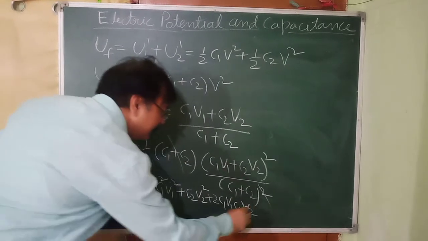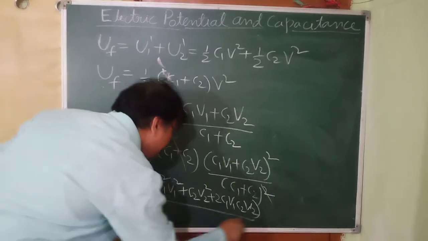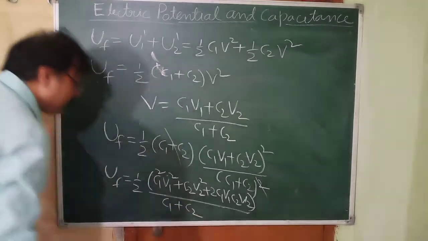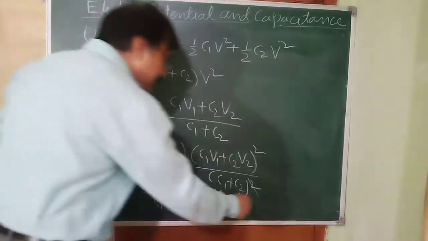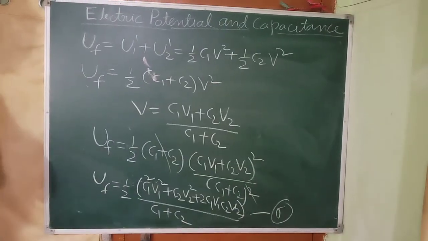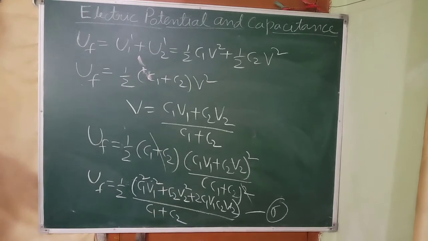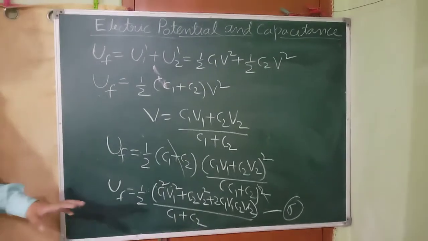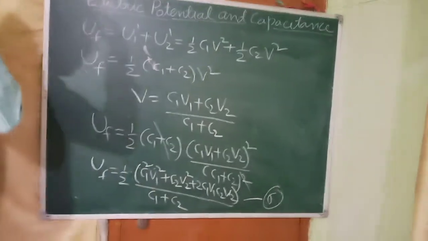That's what we get, and in the denominator it is C1 plus C2. Let us mark this equation number 6. So we got the expression for the final potential energy stored in the system of two capacitors.